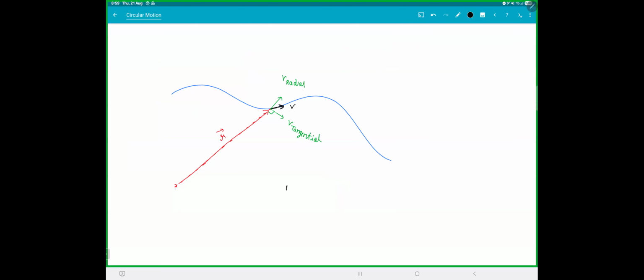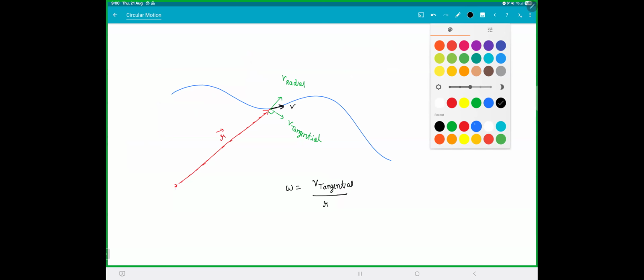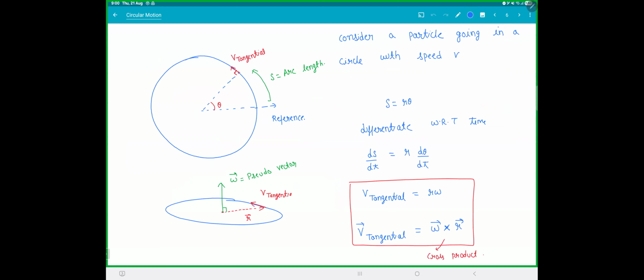So if someone asks you omega at this instant, this will be v tangential by r, which might be changing because r is also changing every instant. Anyway, so that is a bit about it. Have a look at this. Clear? Let's see a question on this.